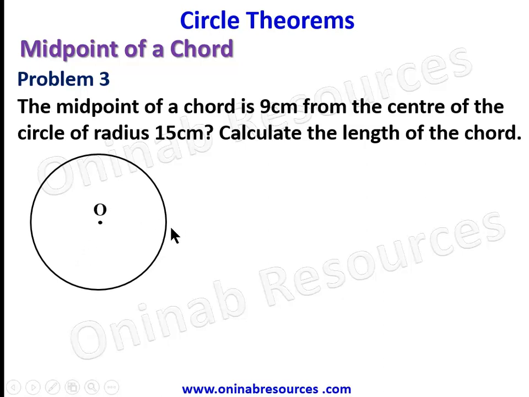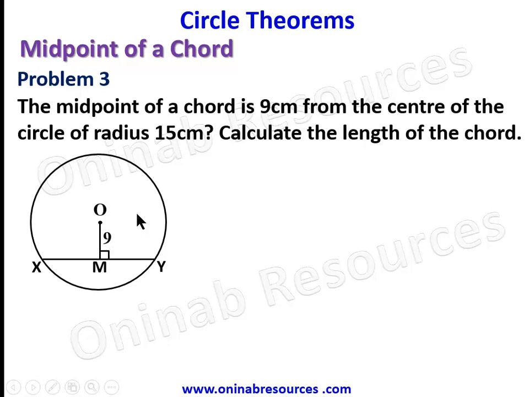Still starting with our diagram, a circle with center O and the chord is XY. We have a line from the center of the circle to the chord, which is perpendicular, and that is M, the midpoint of X and Y, and the chord is 9 centimeters from the center of the circle.